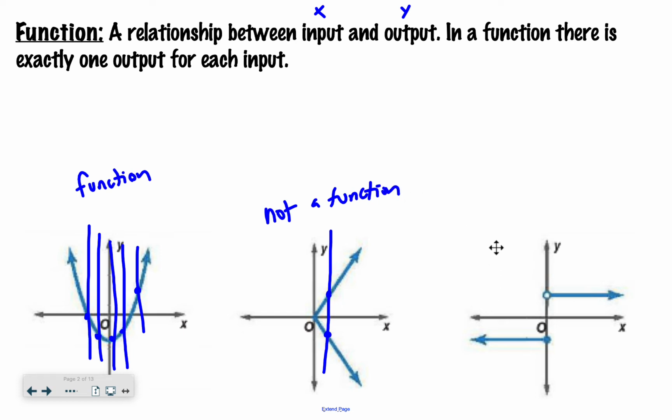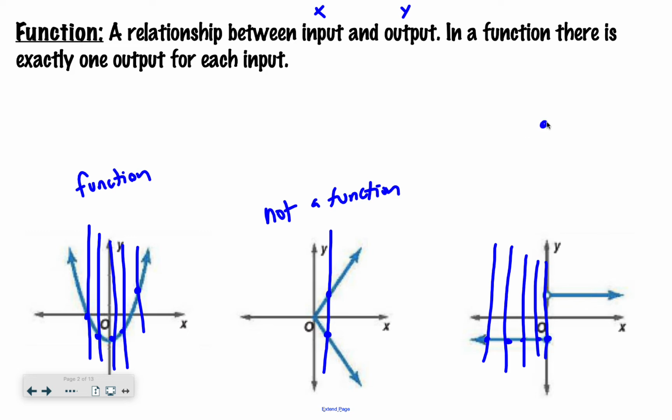And then over here, you could see I drew straight up and down lines, and so far it's only hitting once. And if I look here, you can see that this is an open circle and this is a closed circle. So if I were to draw a straight up and down line here, this would only hit once because that open circle doesn't count. So this would be the output.